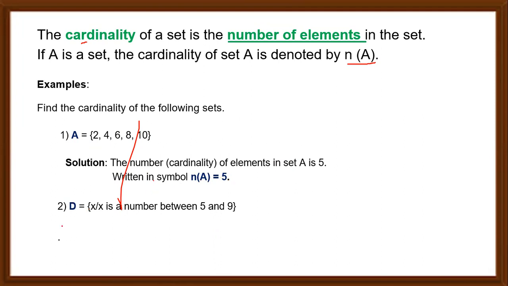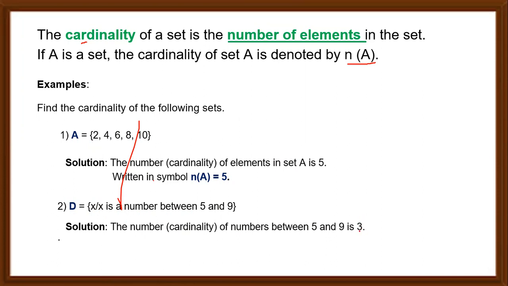For set B, number 2, pag binasa ko po ito, x such that x is a number between 5 and 9. Ibig sabihin niyan, ano ba yung mga number na nasa pagitan po ng 5 tsaka 9? Ibig sabihin niyan, the number of elements between 5 and 9 is 3. Tatlo daw yung number na nasa pagitan.